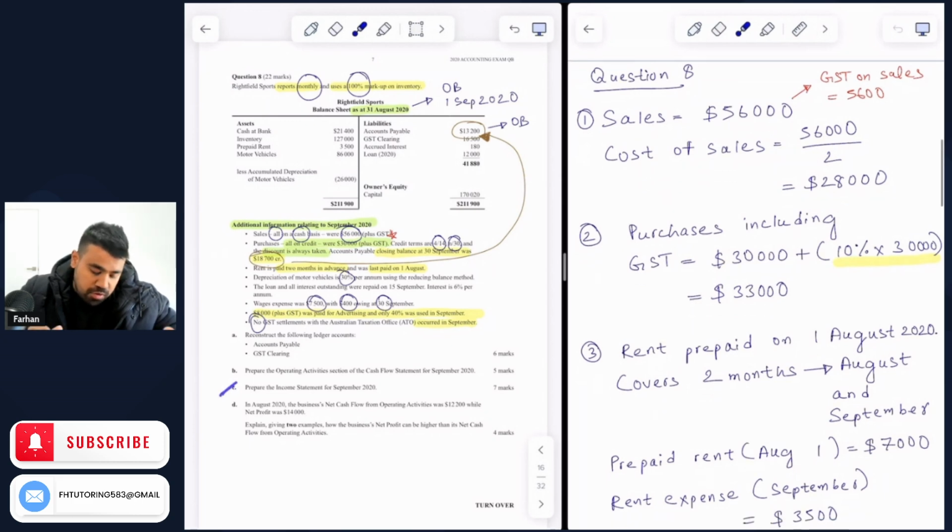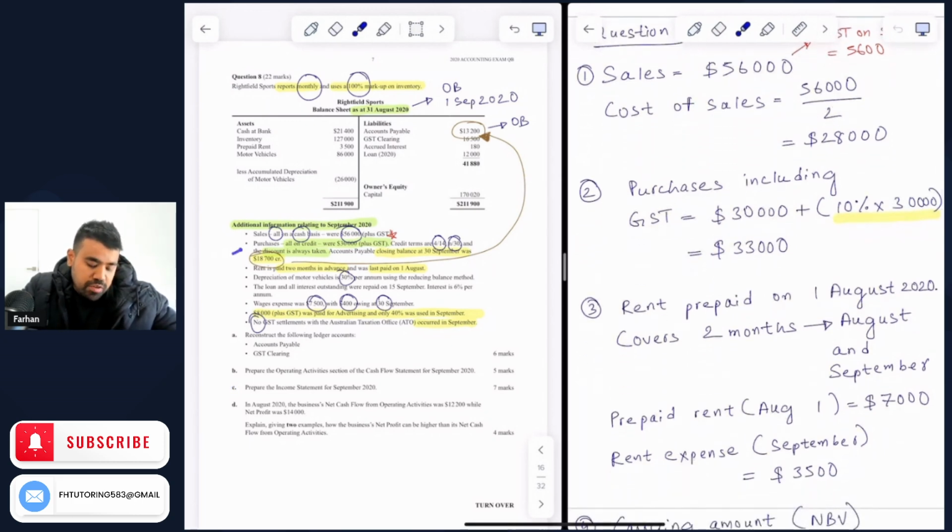Okay, so the second additional information says purchases all on credit were $30,000 plus GST, and the credit terms are 4/14 N/30, and the discount is always taken. The accounts payable has a closing balance at 30 September of $80,700.